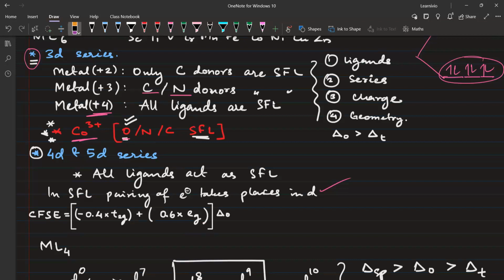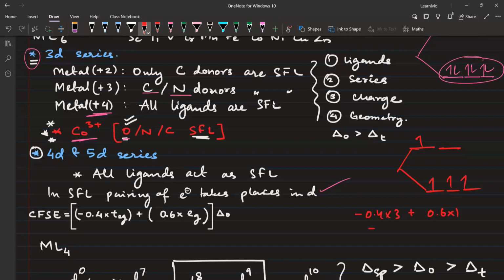For example, if you have something like this, 1, 2, 3 and 4. Now here you have minus 0.4 into 3 plus 0.6 into 1.